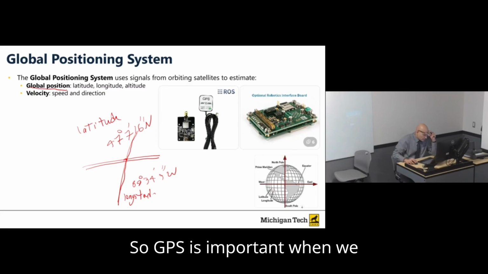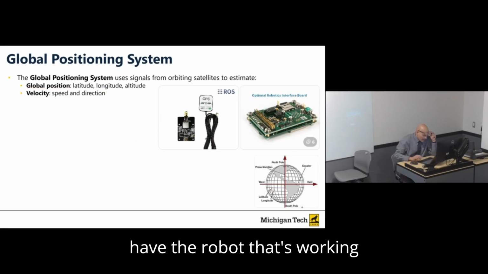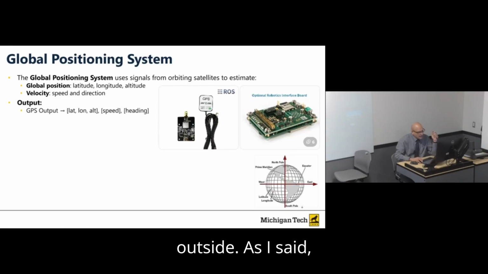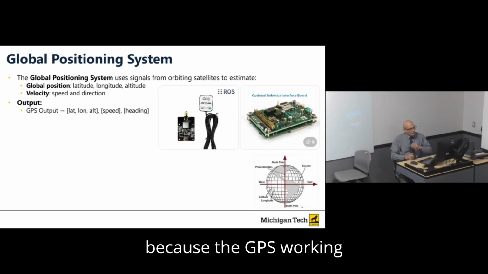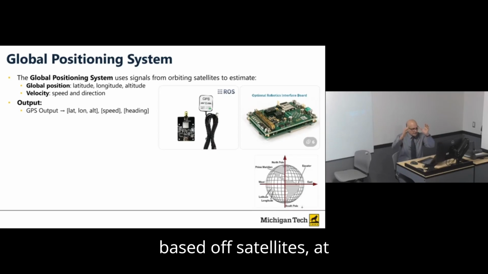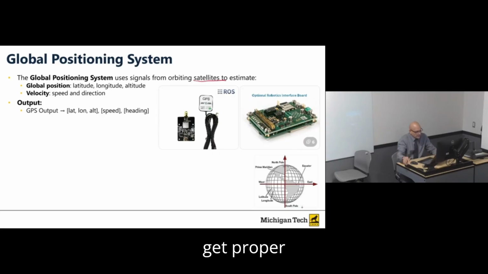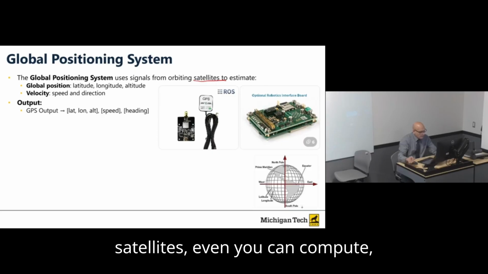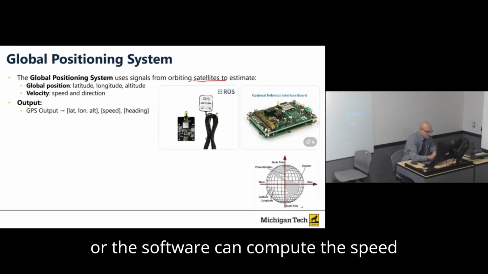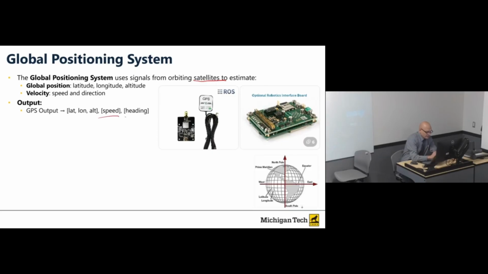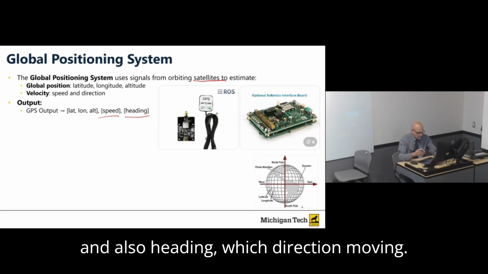So GPS is important when we have a robot working outside. As I said, because GPS works based on satellites, you need at least 3 or 4 satellites to get a proper position. Based on these satellites, the software can even compute the speed and also the heading, which direction it is moving.